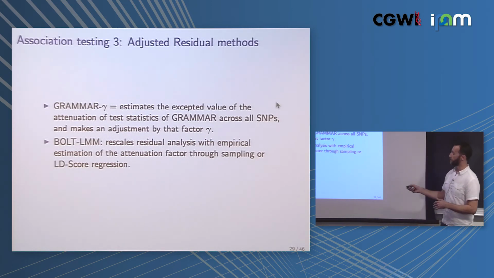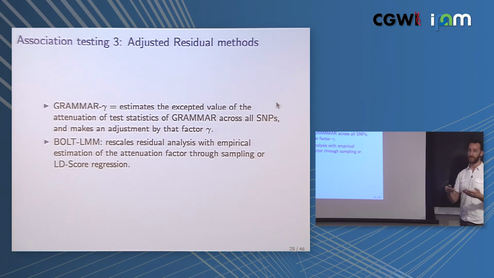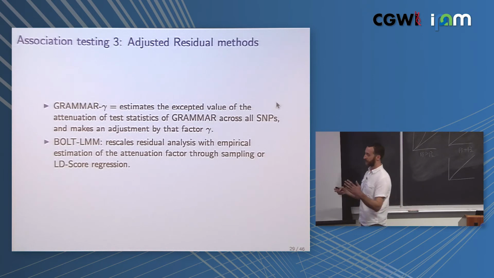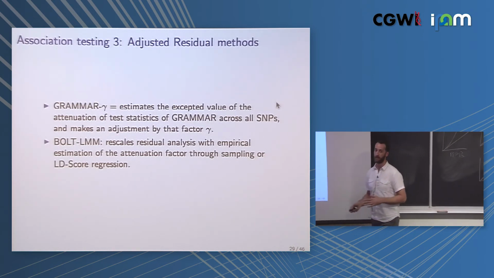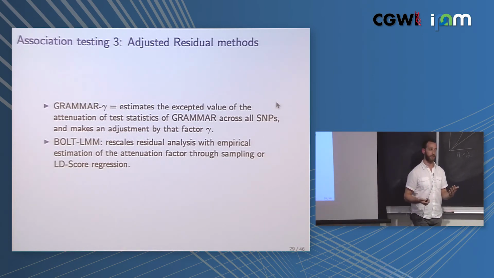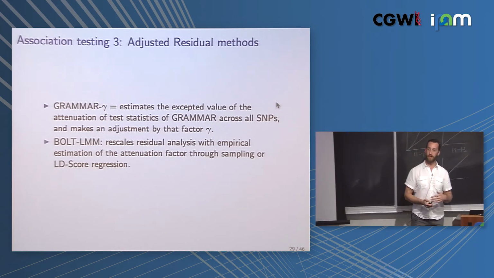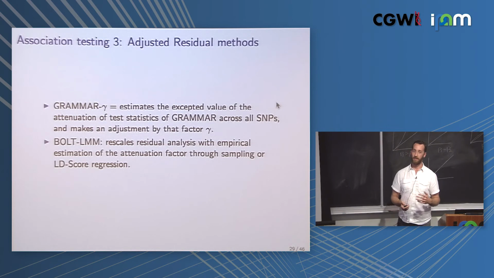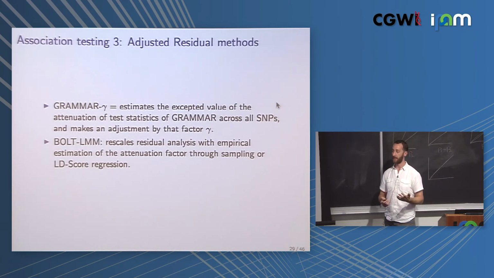Bolt also uses this regression of genotype against y minus y predicted, and it rescales its genotypes through LD score regression, but they're both relying on this residual analysis. So that kind of brings us up to speed on the state of the art of methods for running linear mixed models for genetic association study.